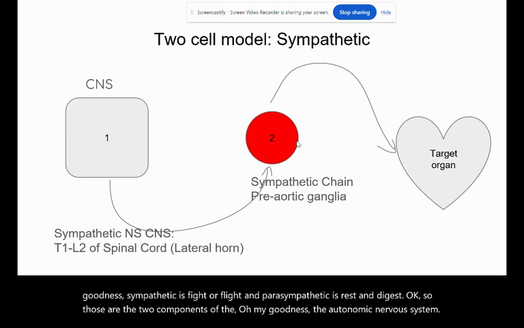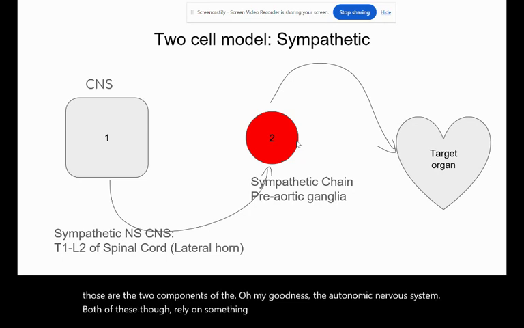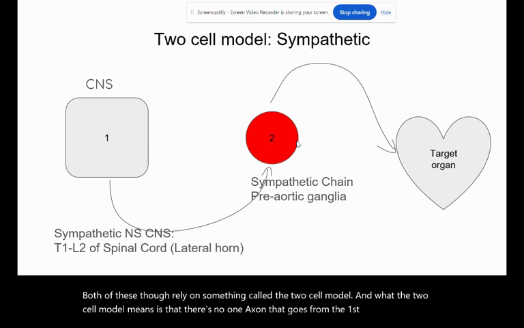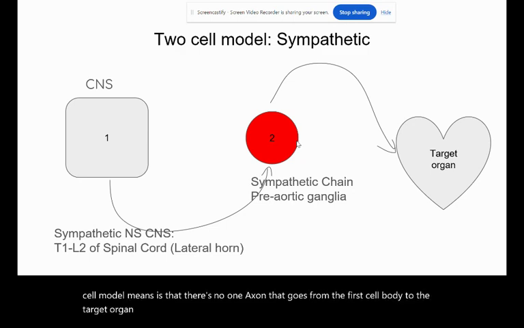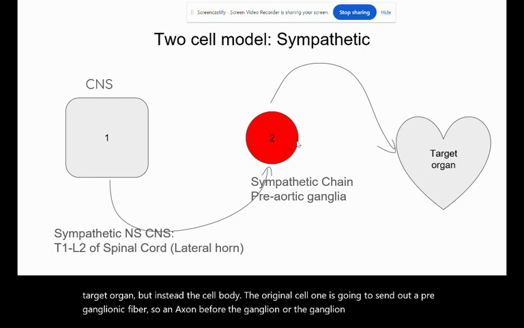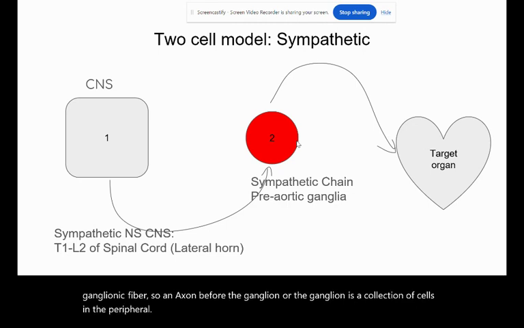Both of these, though, rely on something called the two-cell model. What the two-cell model means is that there's no one axon that goes from the first cell body to the target organ. Instead, the cell body, the original cell 1, is going to send out a pre-ganglionic fiber, so an axon before the ganglion, where the ganglion is a collection of cells in the peripheral nervous system.